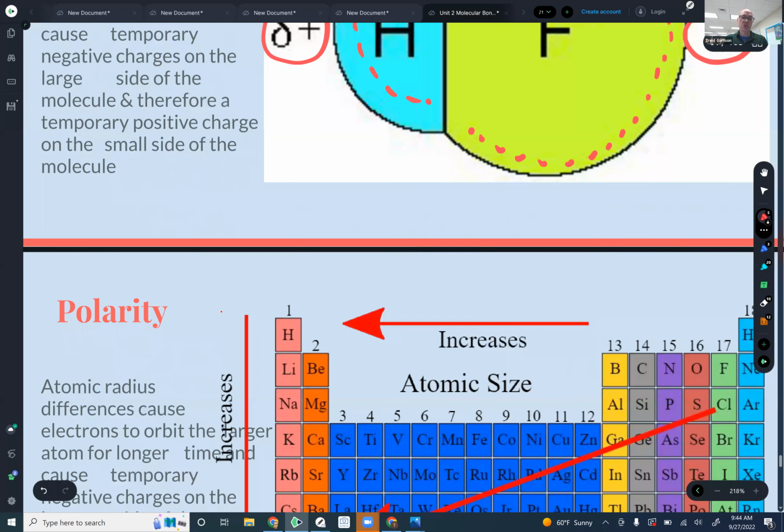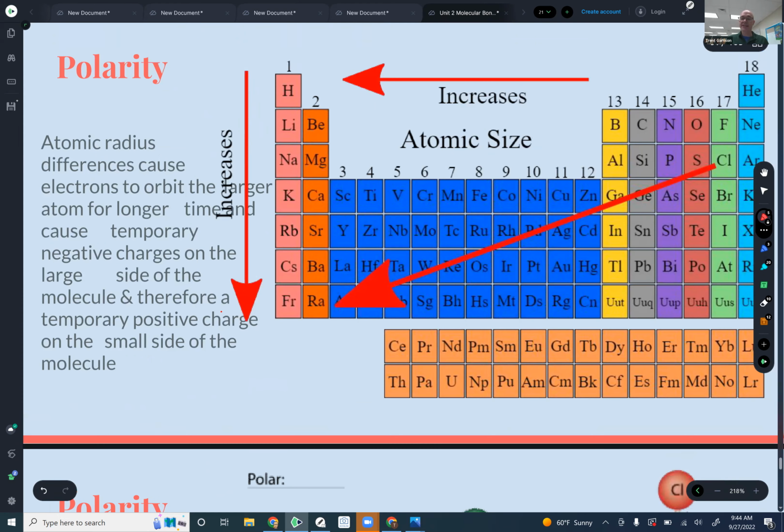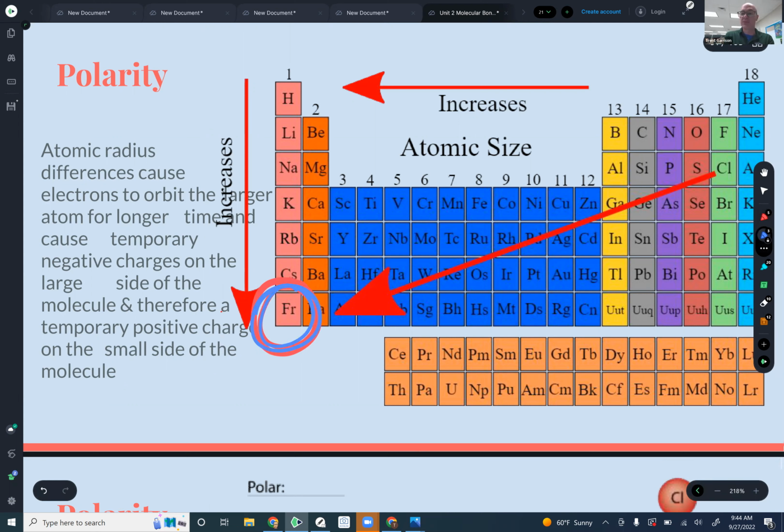Okay, now back to the story. If we have an understanding of why size causes polarity, we need to be able to predict that. And we already know the trend for atomic size. We know that the largest element on the periodic table is francium, down here in the bottom left corner. We know that the smallest element is somewhere up here in the right-hand corner, whether that be fluorine or helium, whichever you want to say, or even hydrogen, but that doesn't seem to fit the trend.